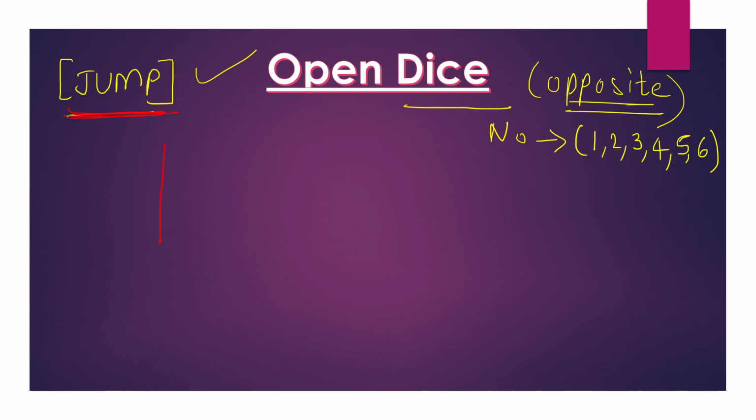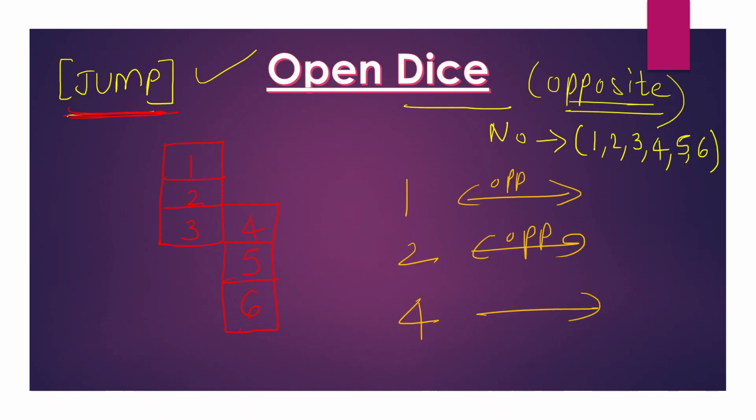If they give like this, 1, 2, 3, and then 4, 5, and 6, and they ask, what is the opposite of 1? What is the opposite of 2? And what is the opposite of 4? You need to just jump.